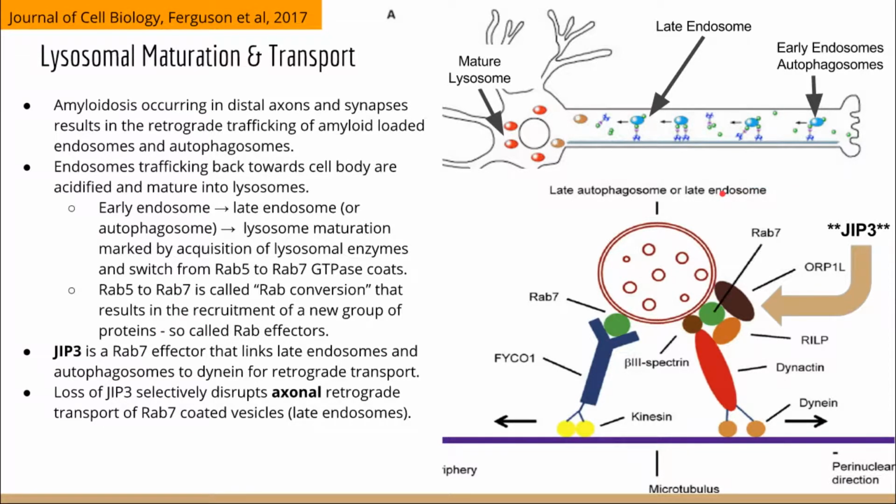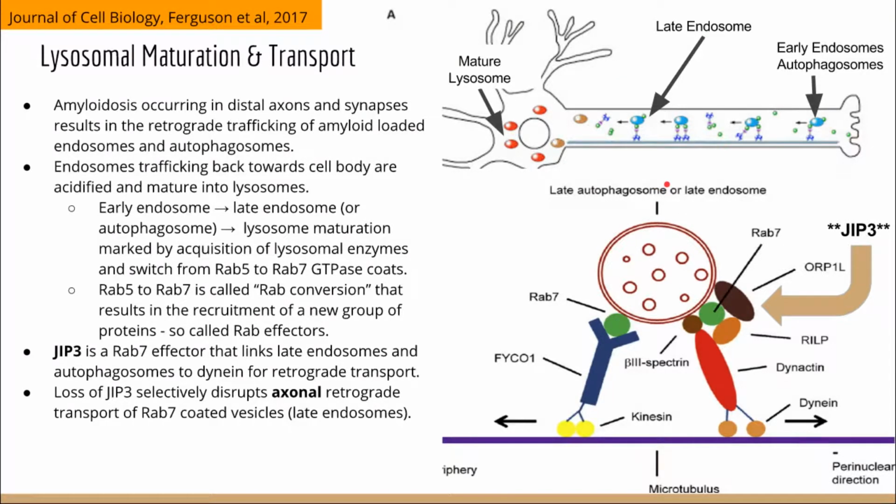This process is critically marked by the acquisition of lysosomal enzymes and also by the switch from Rab5 to Rab7. So as early endosomes and autophagosomes are retrogradely transported, they mature into late endosomes, and then eventually they acidify into mature lysosomes, or sometimes they simply fuse with lysosomes. This process of retrograde transport is marked by the switch from Rab5 to Rab7.